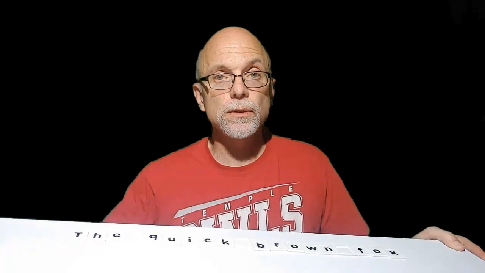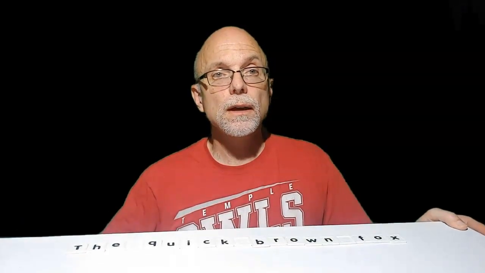All right, so in the last segment, I made this sentence and I said that this was similar to a text file. And I have the sentence, the quick brown fox jumped over the lazy dog.